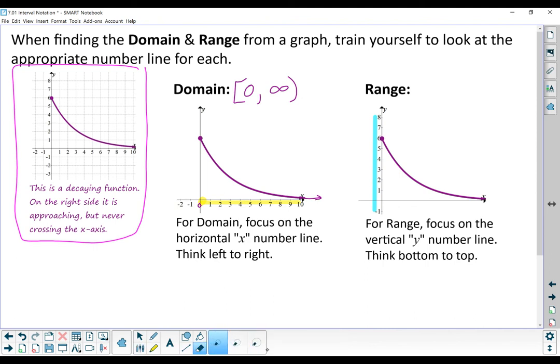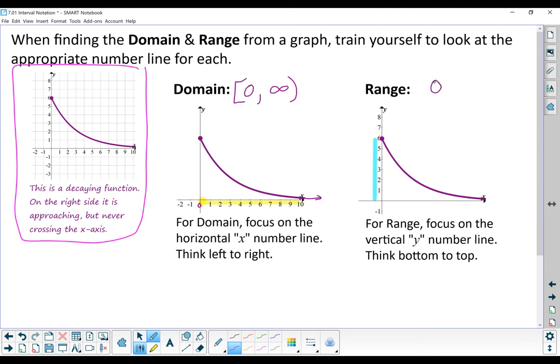For the range, I highlighted the whole number line, so I'm going to erase a little bit. The highest is definitely that 6 right there. The lowest, remember we said that it is approaching but never crossing the x-axis, so that means that the lower bound is 0. So again, we want to think about the range from bottom to top.